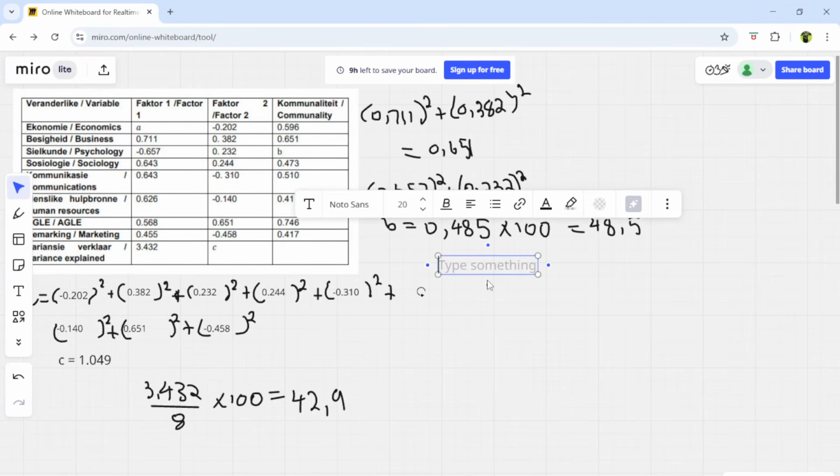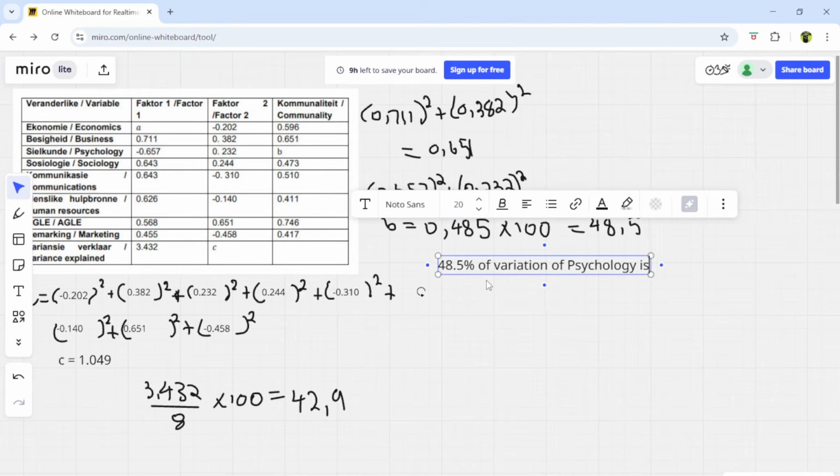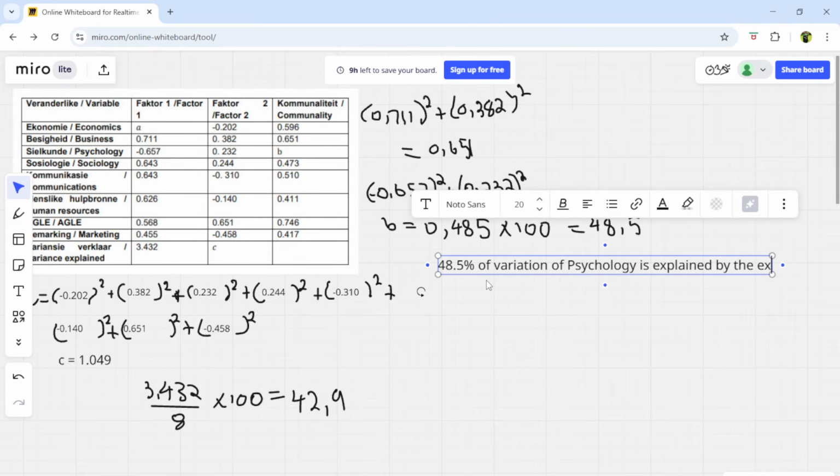So how do you interpret it? 48.5% of the variation of psychology is explained by the extracted factors.